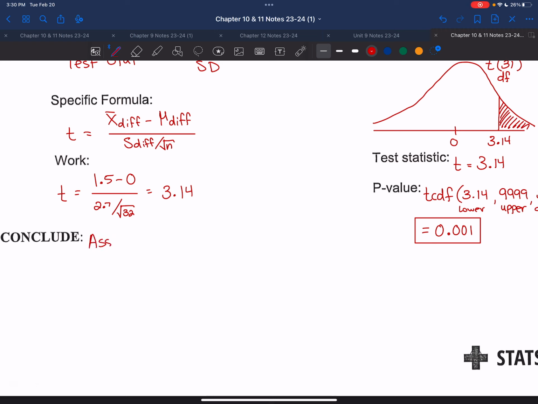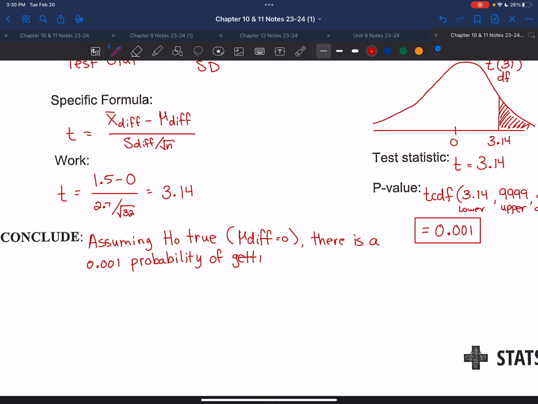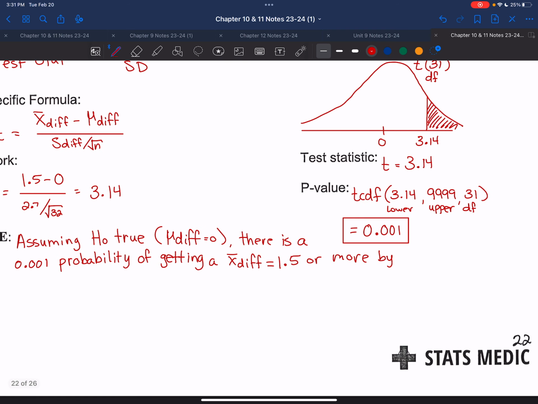So I'm going to say, assuming the null is true, in other words, mu sub diff equals 0, there is a 0.001 probability of getting a mu sub diff equaling 1.5 or more by random chance.